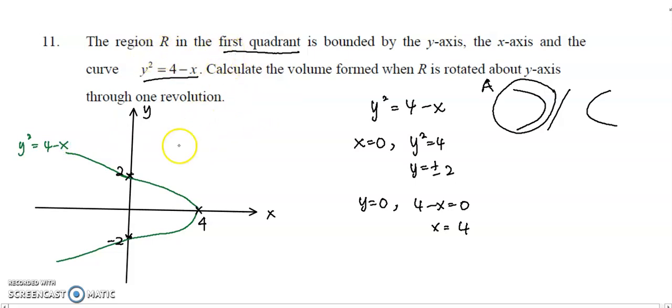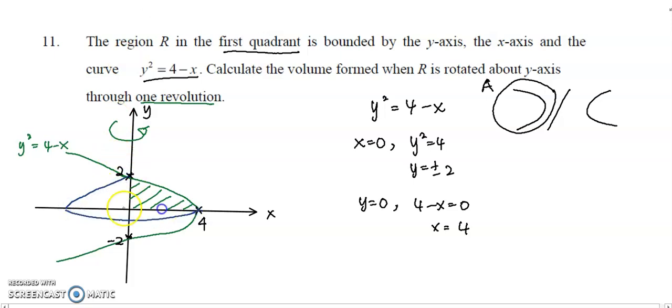Then we try to shade the region that we want. The region R is in the first quadrant, bounded by the y-axis, x-axis, and the curve. So this is the region that we are interested in. If this region is rotated about the y-axis for 360 degrees, one revolution means 360 degrees, what kind of shape will be formed? Try to sketch out the solid so that you can see.